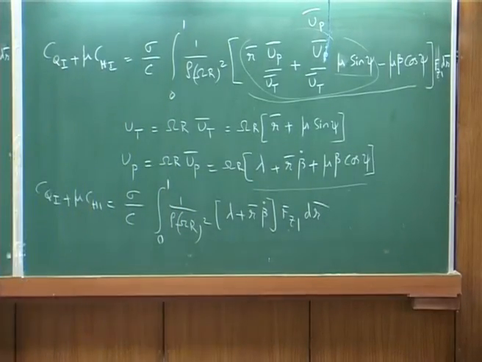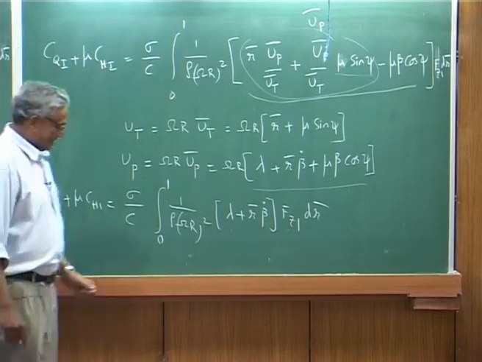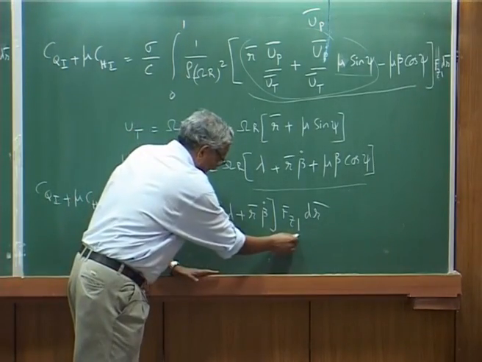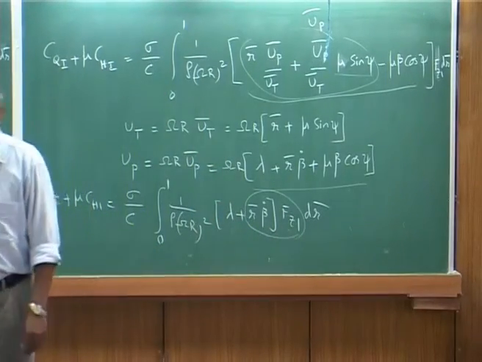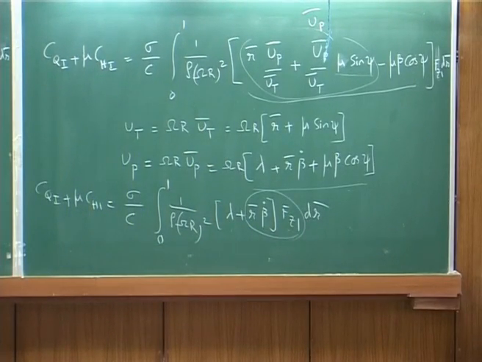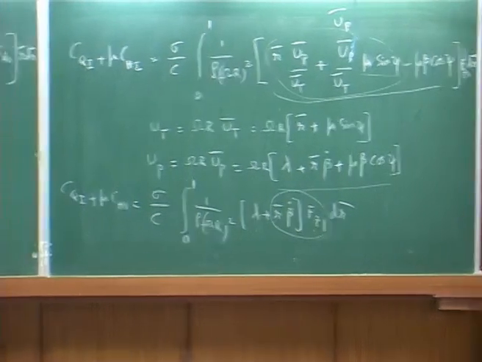Now, here something is done. If you take this term, there is a force. r beta dot is the velocity at that point, and which can be written as r beta divided by, because you can convert d beta by d psi.